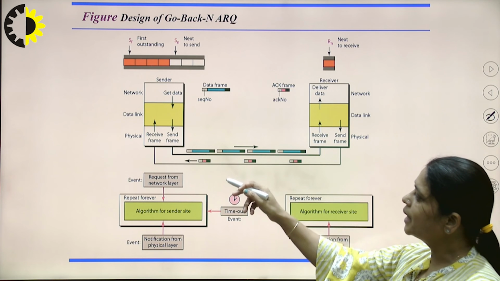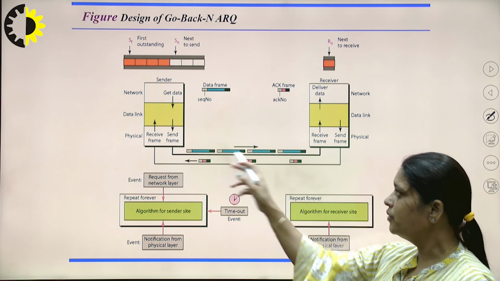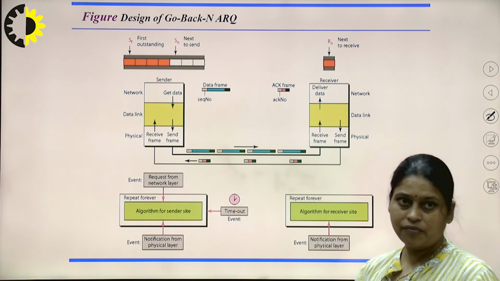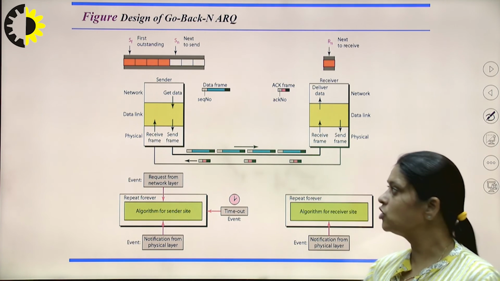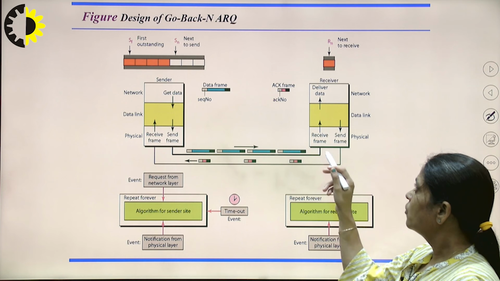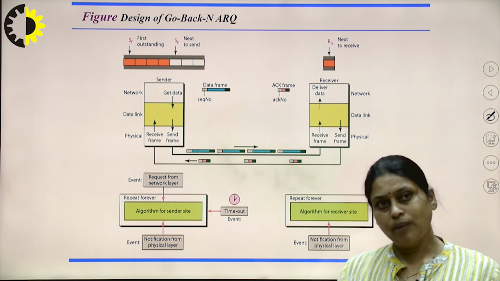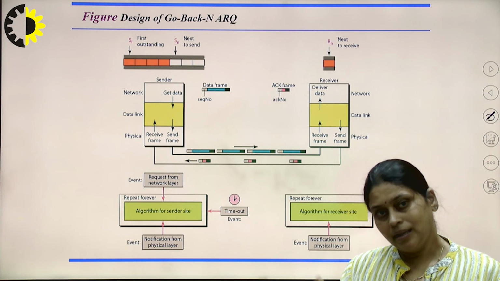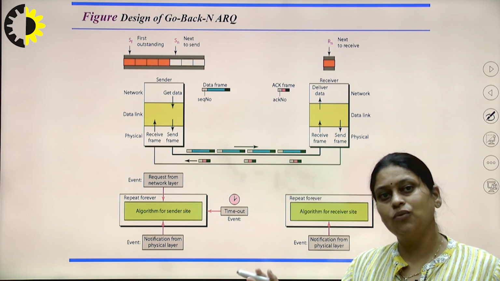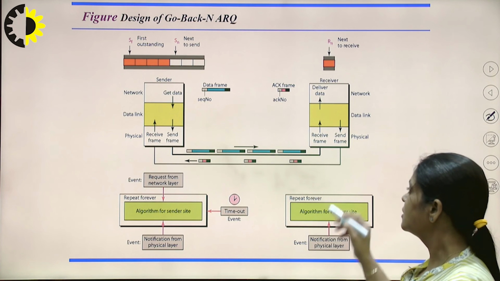In this Go-Back-N ARQ method, we send a number of frames to the destination, in a sequence, and they are received by the receiver.